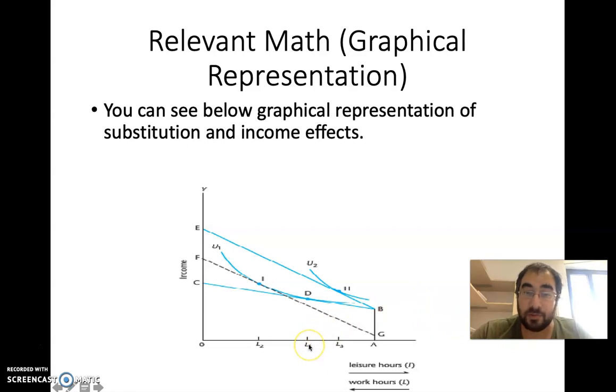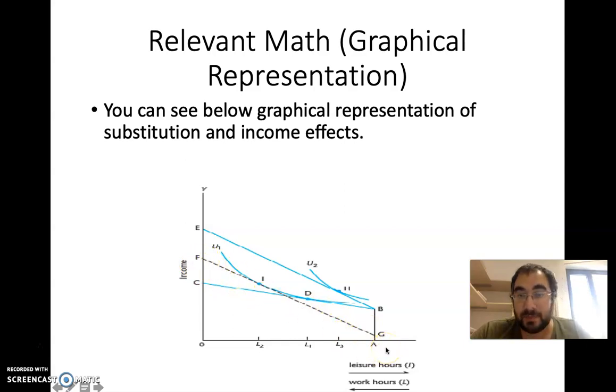In order to measure the substitution effect, we draw a hypothetical budget line, drawn by the dots, GF.